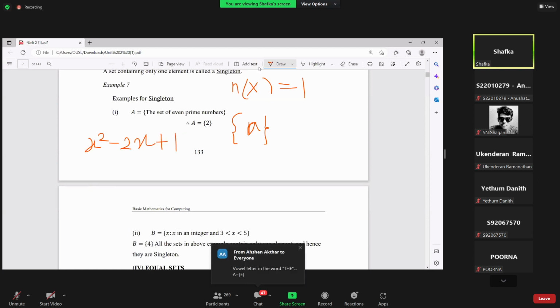If we consider this quadratic equation, what are the solutions?